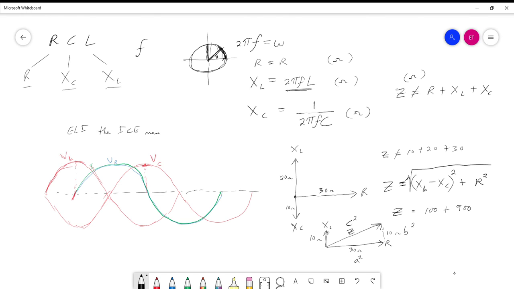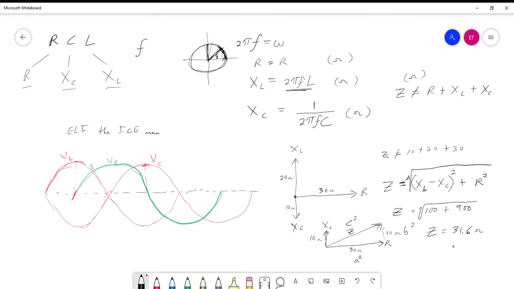Oh, I got lucky here, didn't I? And we're going to square root that. So Z is the square root of 1,000. Let's see here. 31.6. Okay. Looks like that's the answer.